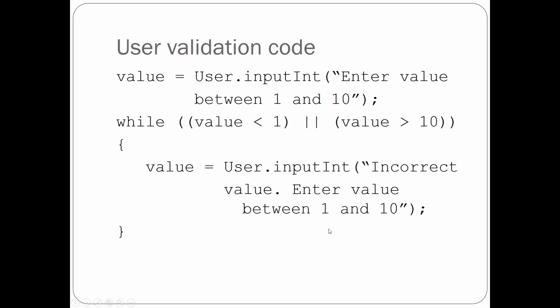We want something from 1 through 10, not less than 1 or greater than 10. So we ask them to type it in again, and it gets stored in value. It comes round the loop again, and if the value that's typed in here is less than 1 or greater than 10, we get them to type it in again, and that could carry on forever until that condition is met.